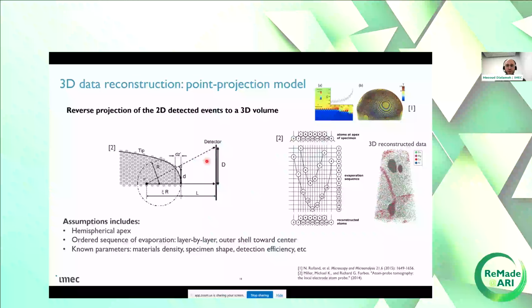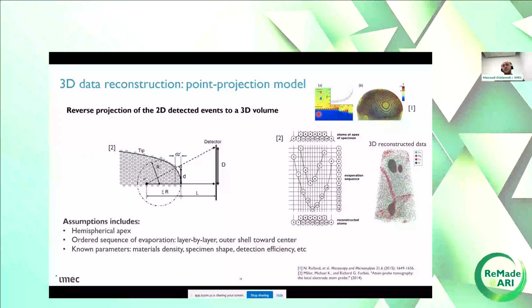In this case, the point projection model is a good example. We want to take the 2D hit events on the detector and then place them back in a 3D volume. To do that, in the most deconstructed method, basically the sequence of evaporation is determined.